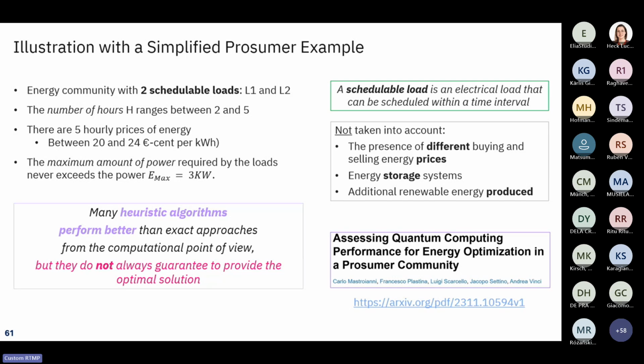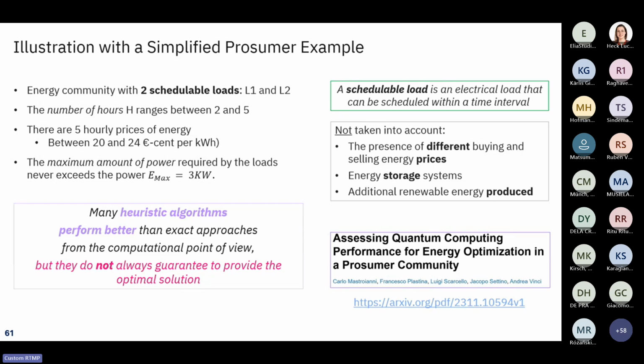The problem was a little bit simplified, with only two schedulable loads, L1 and L2, the number of hours of each load only between 2 and 5 hours, with only 5 prices, and with a maximum amount of power of only 3 kilowatts. So, to make a long story short, there are some simplifications so that the quantum experiment could be done in this situation.